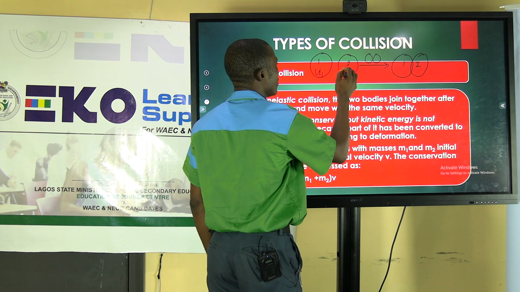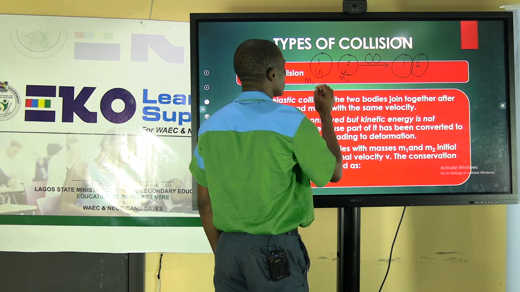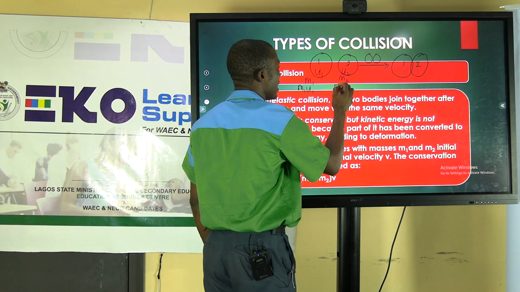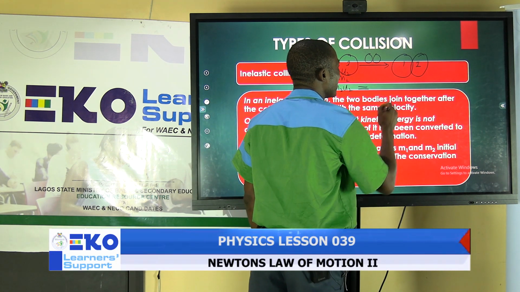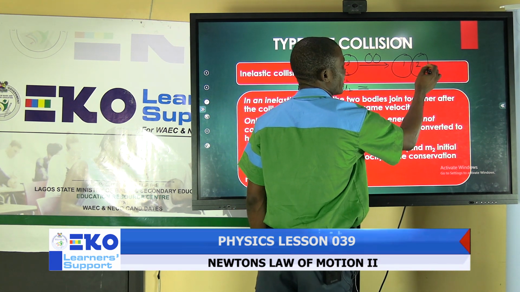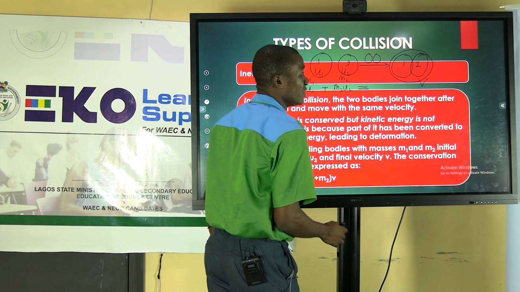Initial velocity here is u1, initial velocity here is u2. This is m1, this is m2. So the momentum here is m1u1. The momentum here is m2u2. When you add the two, it will still be the same as the momentum here. Since they are sticking together, they are going to share a common velocity. Final velocity will be the same.